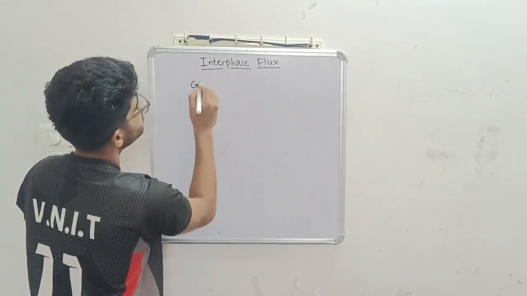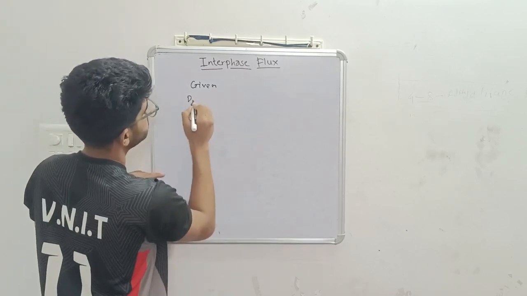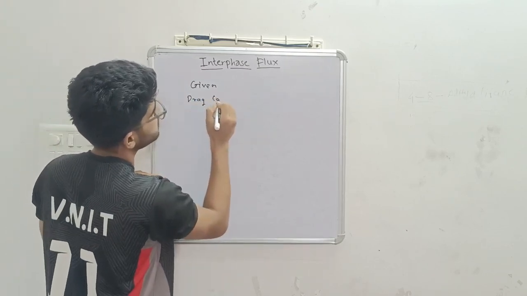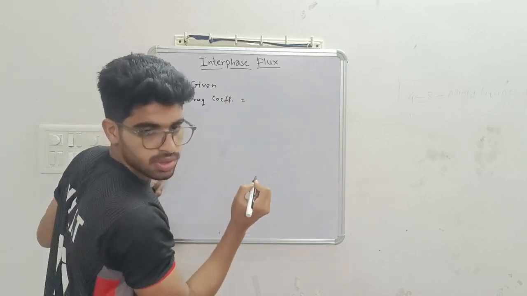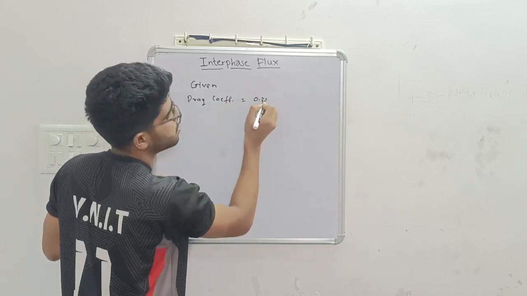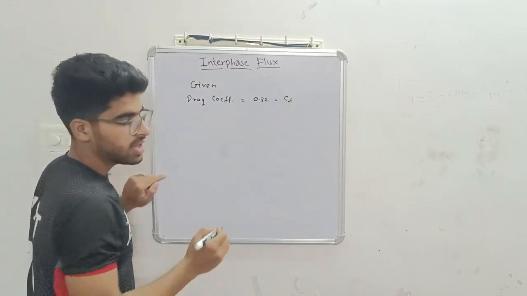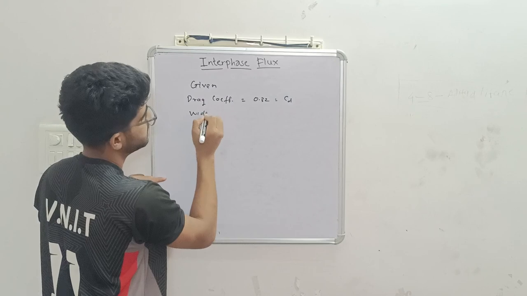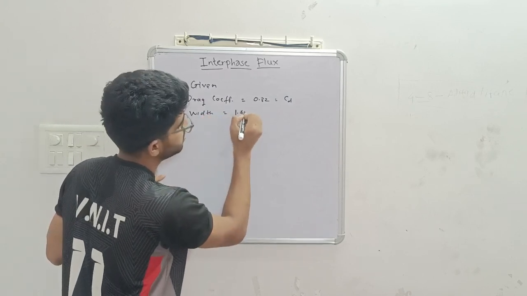Moving towards the solution part, our given is drag coefficient, which is equal to 0.32, which we call CD. Width of car is 1.8 meter.